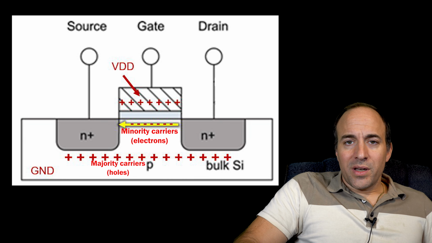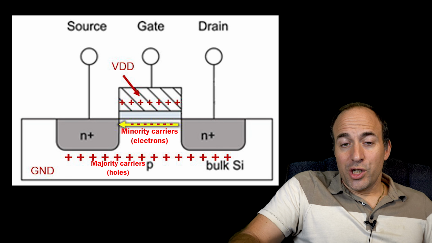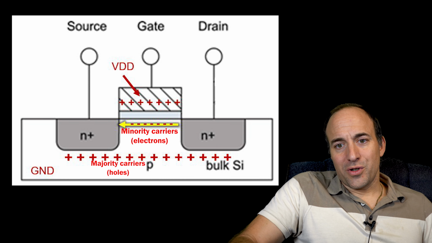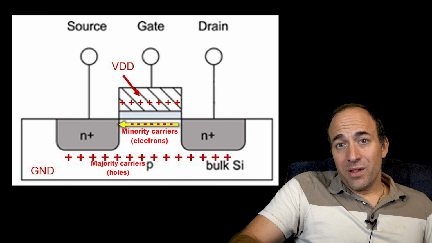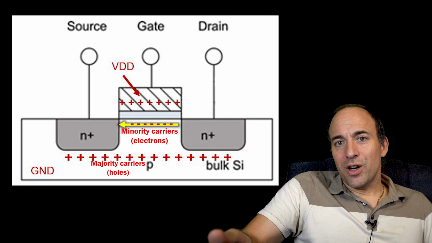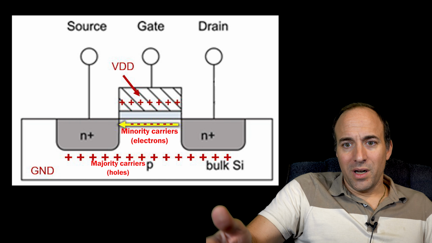And this accumulation of minority charge carriers in the channel effectively joins the source and drain with charge carriers of the same type that are in the source and drain, or the majority charge carriers of the source and drain.